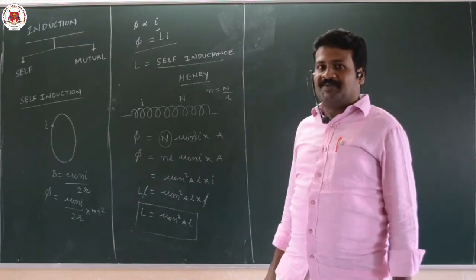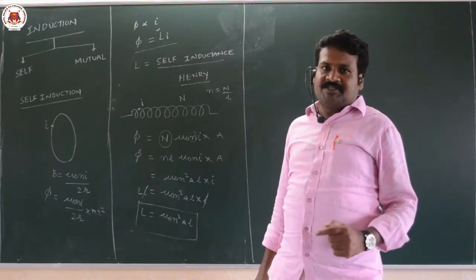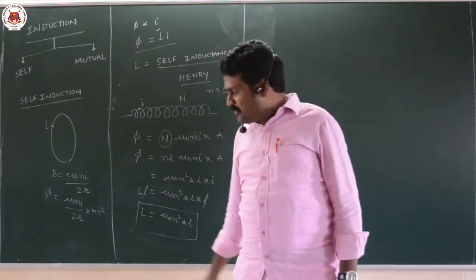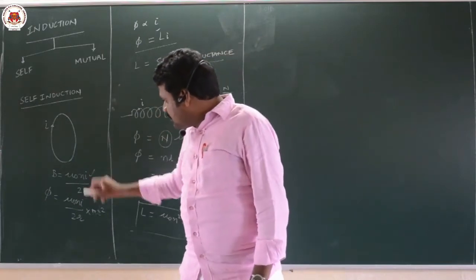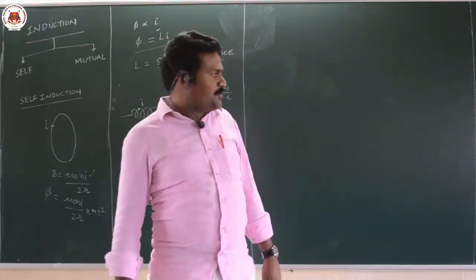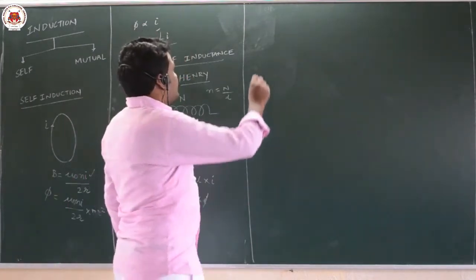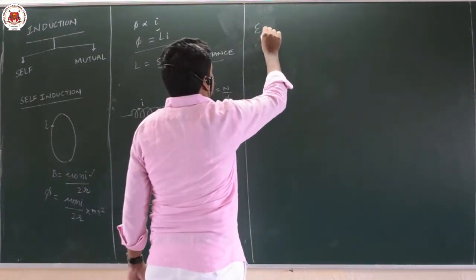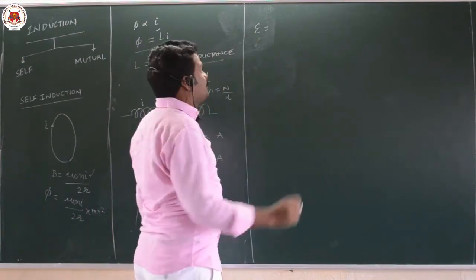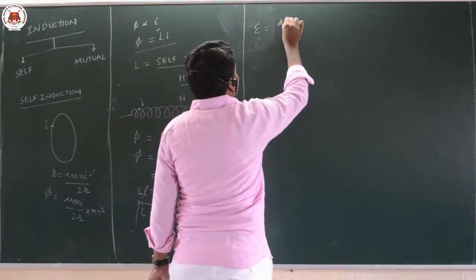This is the discussion part of self-induction, self-inductance. If you change current, flux changes, because you can generate EMF in 3 methods. According to Faraday's law, E is equal to d phi by dt.